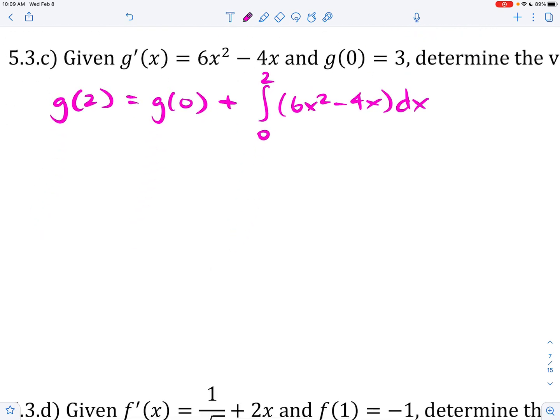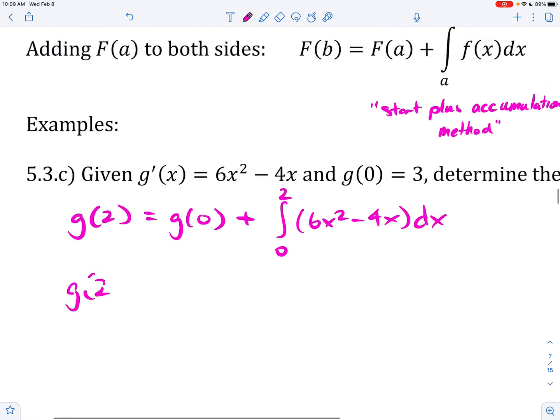And then we're just evaluating stuff. G of 2, still don't have a clue. Still wish this iPad didn't have dead spots on its screen. G of 0 we were given, that's 3.